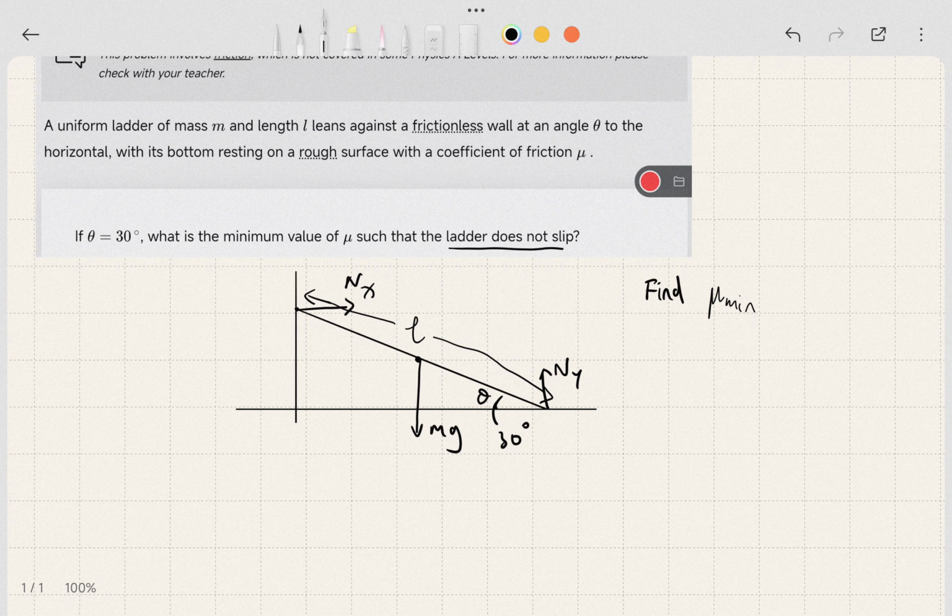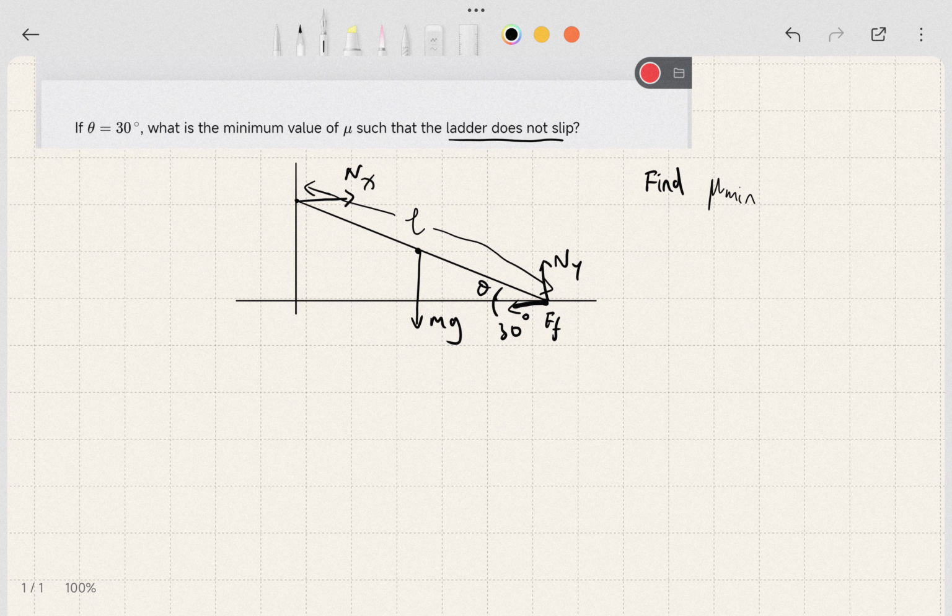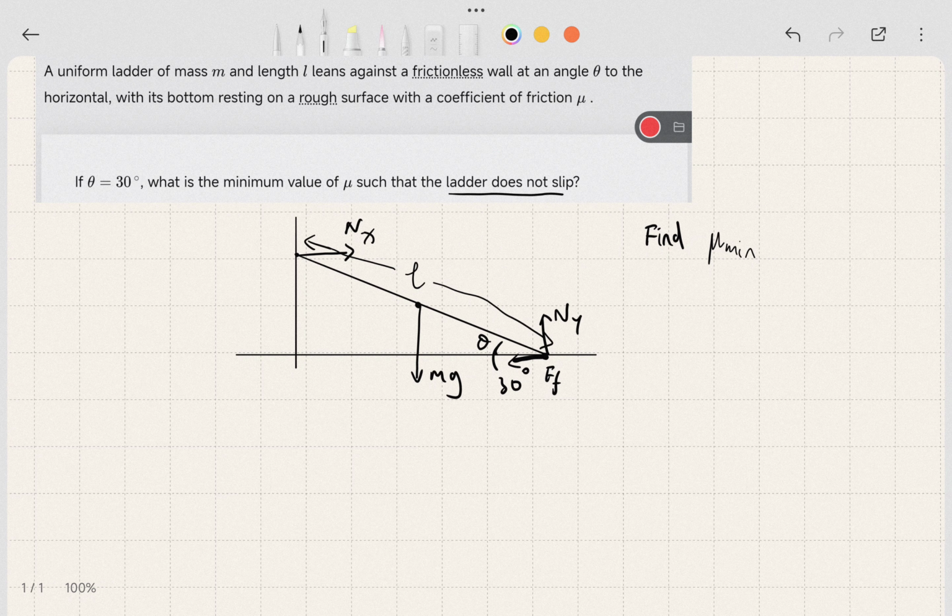Oh yeah, I forgot a very important force that's present in the diagram, which is the frictional force, the frictional force that's pulling the ladder towards the wall. Let's say Ff is the frictional force. That's very important. Without the frictional force, the ladder would not be static, basically.